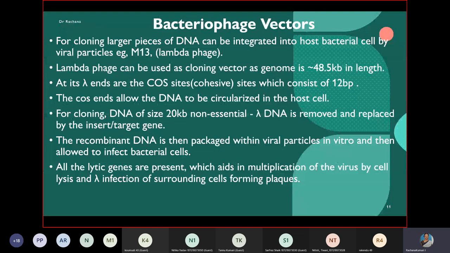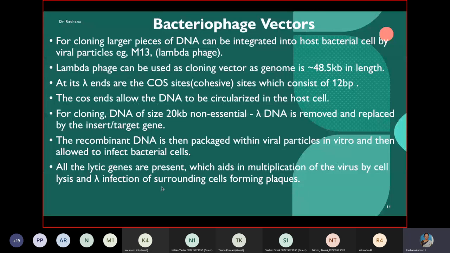Hence, what are the precautions we have taken? We saw to it that all the lytic genes are present because they are critical in multiplication, in the process of replication. Once it is done, it is packaged and then we render such manipulated bacteriophages for infection into the nearby cells.